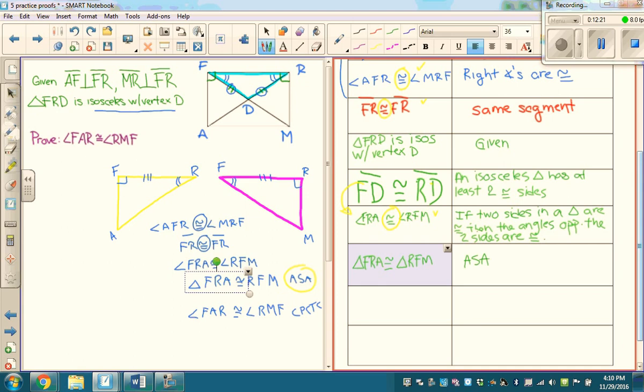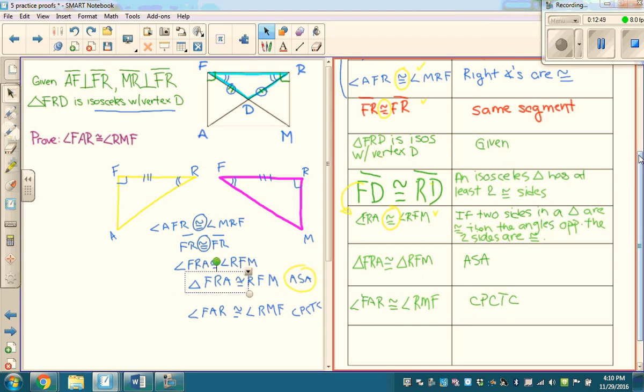So therefore, I can say angle FAR is congruent to angle RMF by the corresponding parts of congruent triangles being congruent. So I've done my job. Finish that proof.